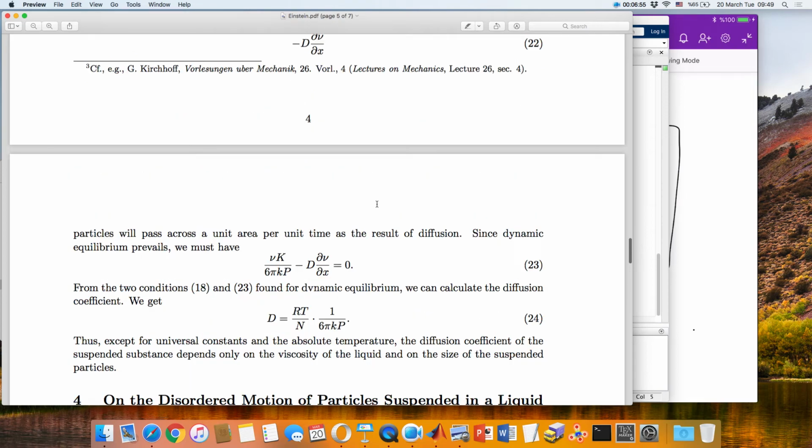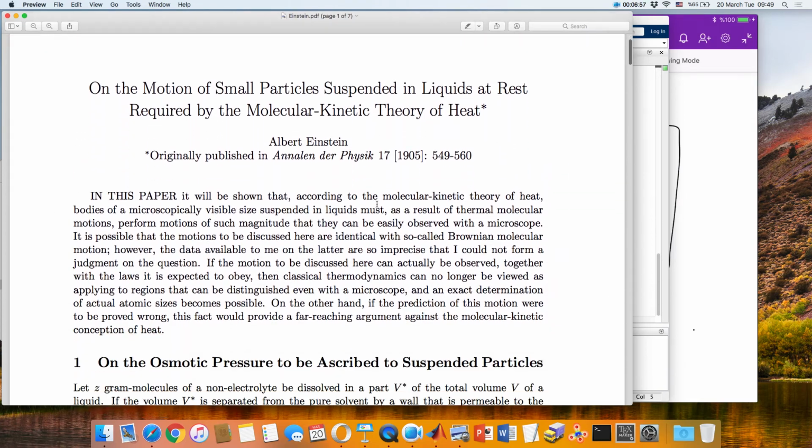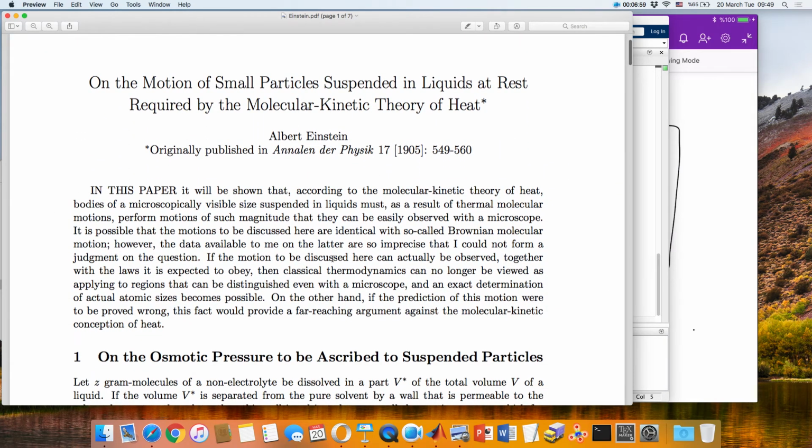Basically, he claims that if the motion to be discussed here can actually be observed together with the laws it is expected to obey, then an exact determination of actual atomic sizes becomes possible. So he basically connected molecular heat, kinetic theory of heat, to the Brownian motion.